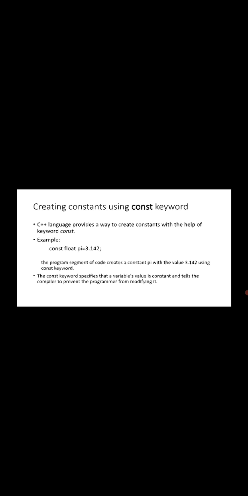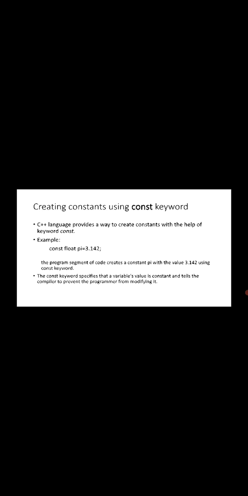When this line is processed by the compiler, the C++ compiler makes sure that there won't be any further modification to this particular component pi, as we have declared it as constant with the help of the keyword const.